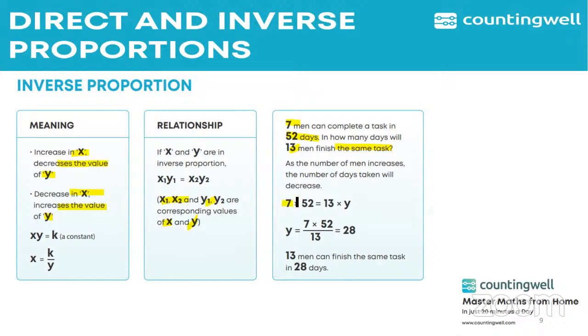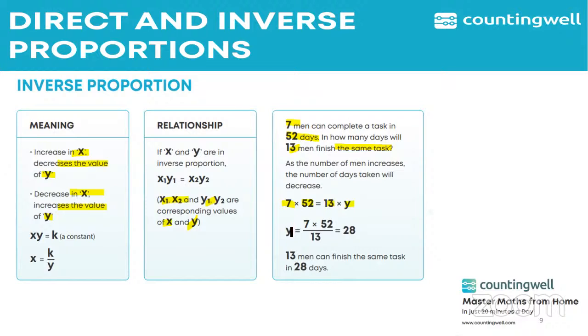So we have 7 into 52, which is x1 into y1. So here the number of men represents x, and the number of days taken to finish the task is represented by y. So we have x1 y1 equals x2 y2.